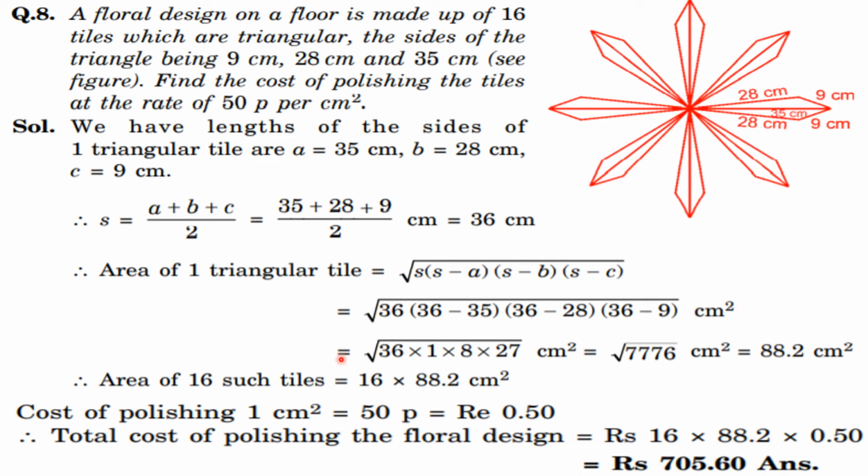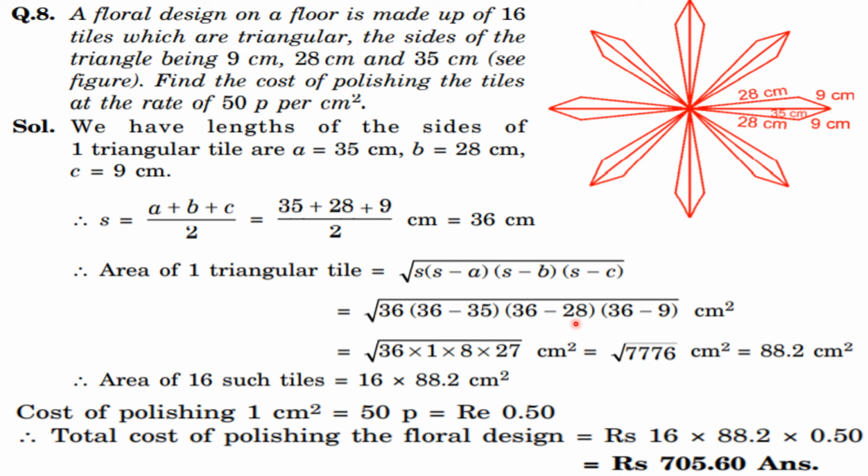Right. That is equal to square root of, we write this first factor 36 as it is into. Let us write the second factor by simplifying these two numbers. What will you get here by simplifying these two numbers? 36 minus 35, 1. Understood this one, my children? Right. Into. Let us write the third factor by simplifying these two numbers. 36 minus 28.